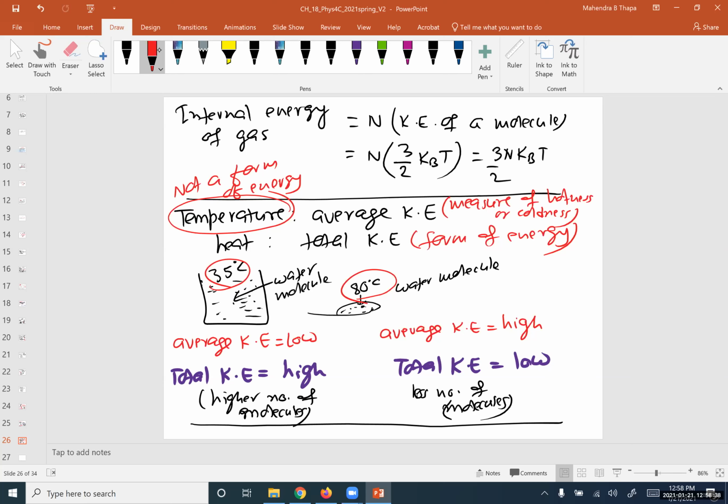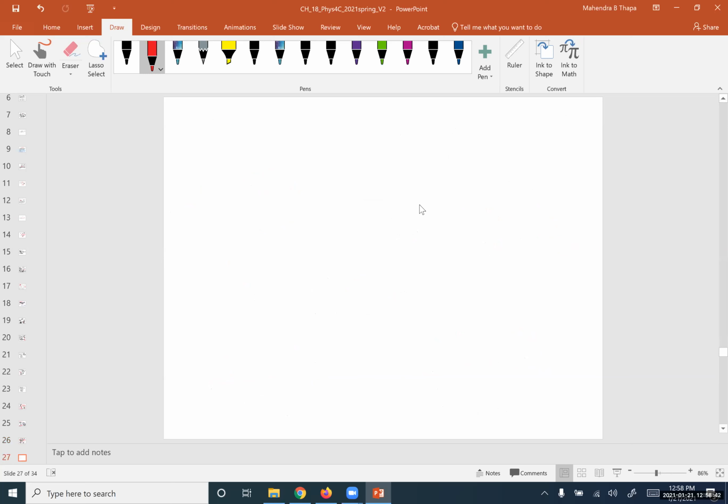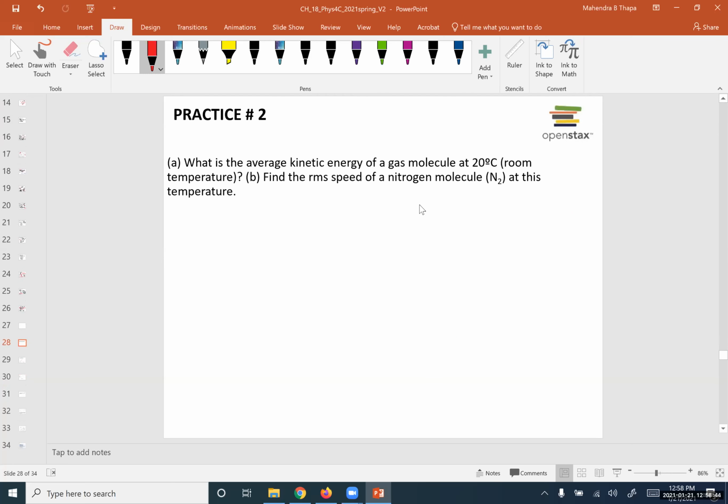This is just a measure. Okay. So if you understand up to this point, you can solve this practice problem. What is the average kinetic energy of a gas molecule at room temperature? They give you room temperature, for example, 20 degrees Celsius. And find the RMS speed, root mean square speed of the N2 molecules at this temperature.